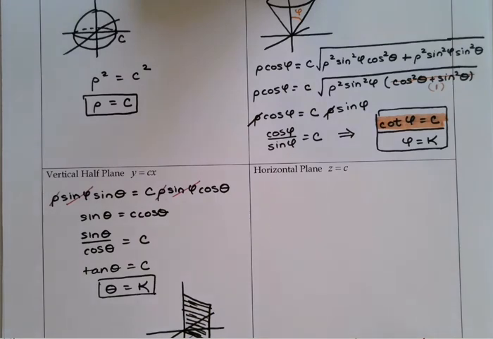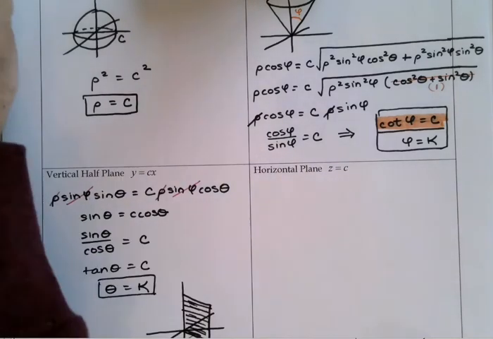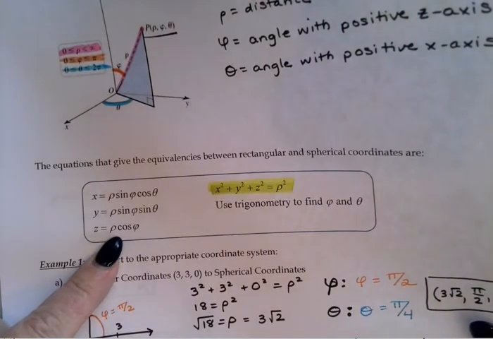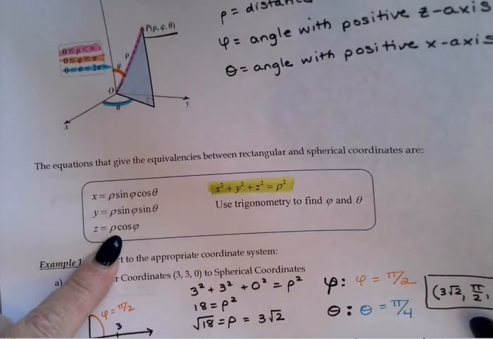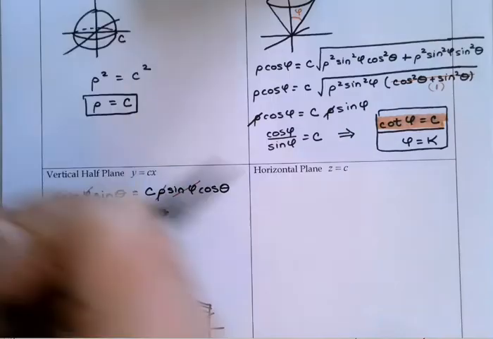The horizontal plane is not a constant surface, but it is one that comes up a lot. So I want to take a look at that one to finish this discussion of the surfaces. Once again, I'm just using my conversion equations. I'm going to replace the z with rho cosine phi.